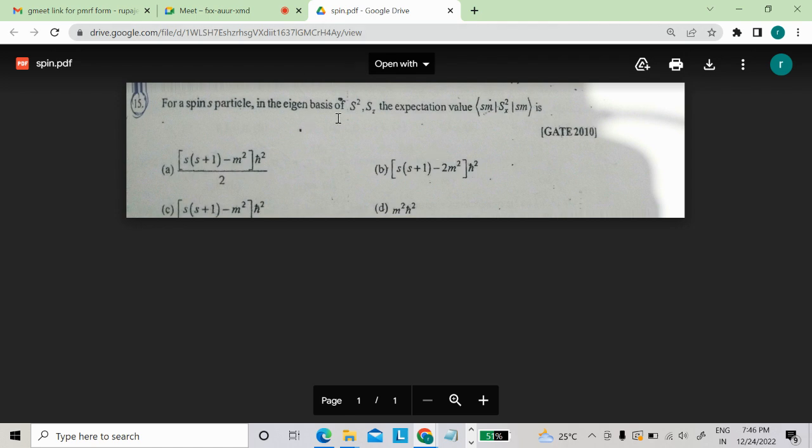This one is for particular eigenvalues, the expectation value of Sz. So this will be like this, right? I'm doing it. Wait.